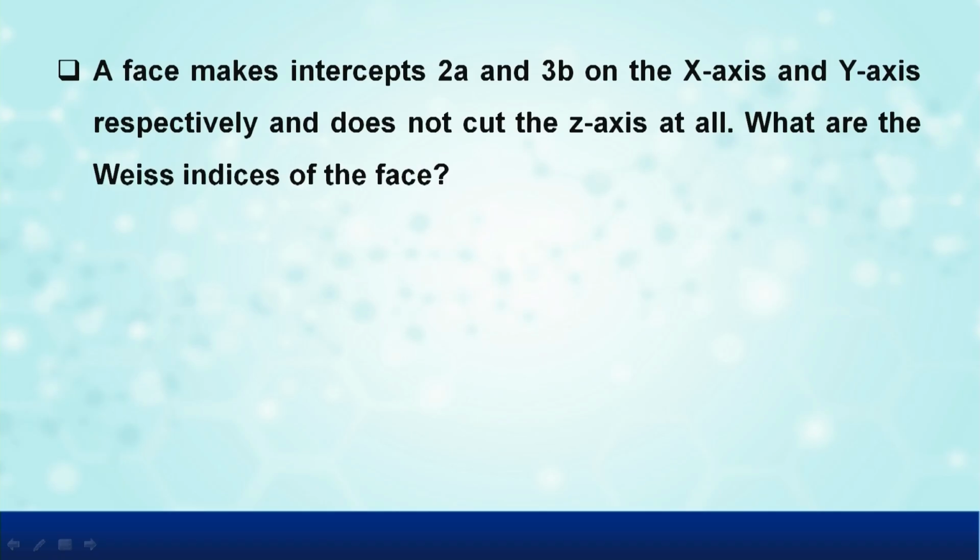Now, another question. A face makes intercepts 2a and 3b on the x-axis and y-axis respectively and does not cut the z-axis at all. What are the Weiss indices of the face?